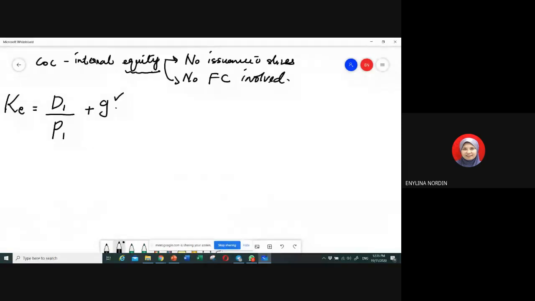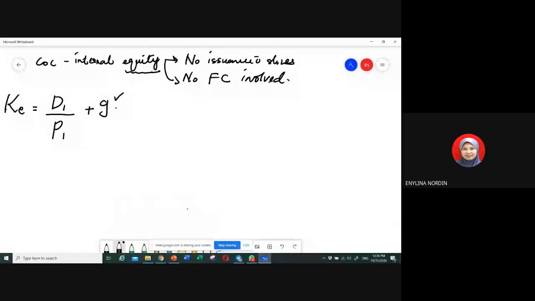Why? Because it depends on the amount of residual or balance of earnings. That's why we consider G. That's why we use D1, because the expected dividend is going to be different.